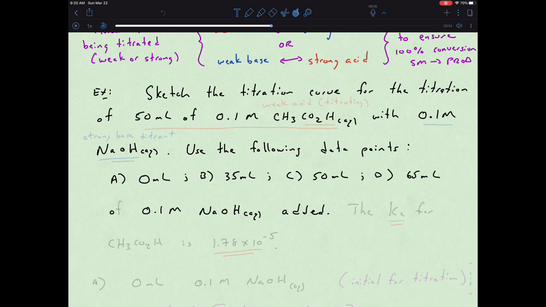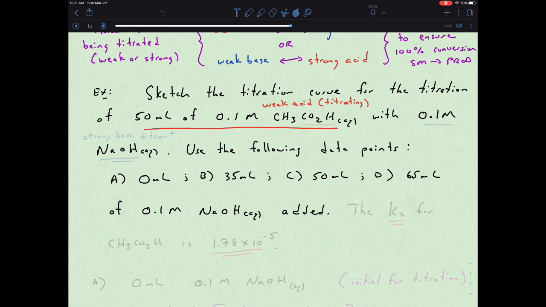So there's our question. We want to sketch a titration curve for the titration of acetic acid with sodium hydroxide. And if we look at the question we have here, we have a weak acid, right? And that's what we are titrating.